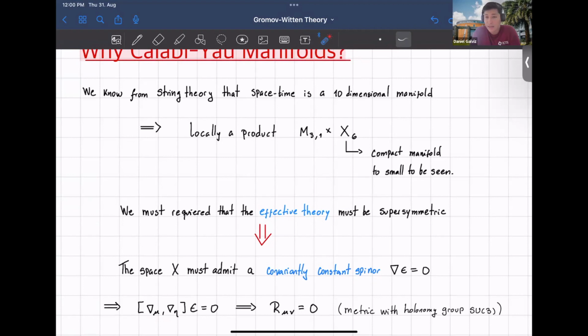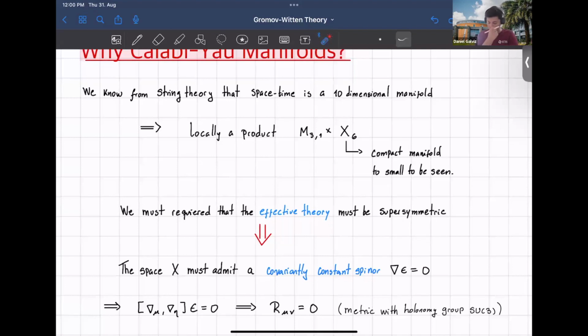So the fact that you want our effective theory to be supersymmetric gives the restriction that the Ricci tensor should be 0. This is equivalent to saying we want a metric with holonomy group SU(3), SU(3) because you are describing this compact manifold as having complex dimension 3.